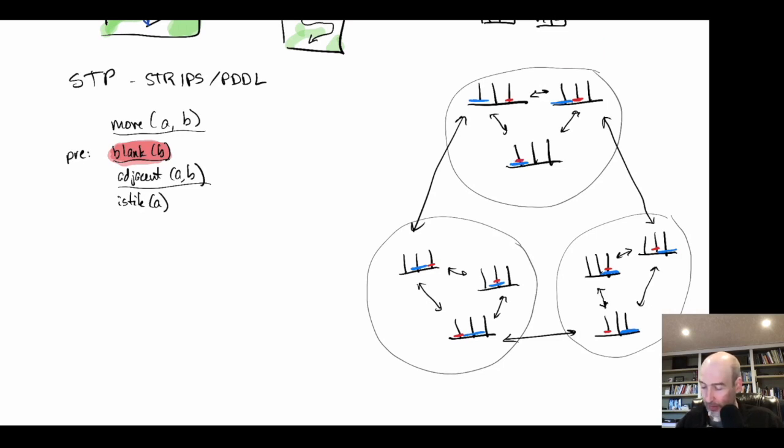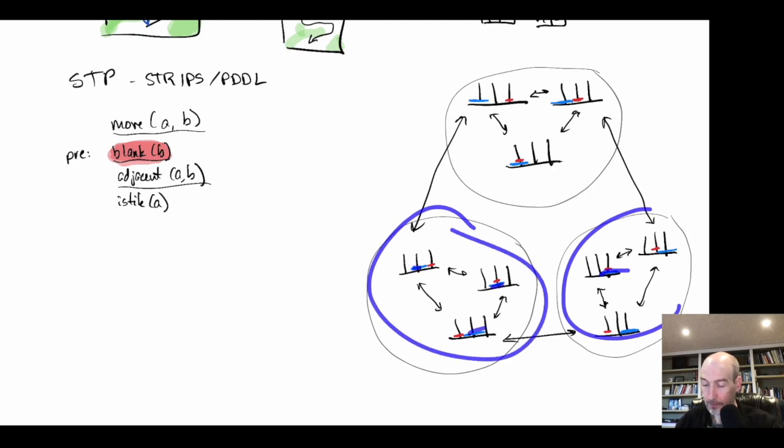And if we look at the state space, there's actually a very, very interesting structure that you get, this recursive structure, no matter the number of pegs that you have or the number of disks. And so what I've done: this set of states all have the blue disk on the left, these all have the blue disk on the right, and these all have the blue disk in the middle.